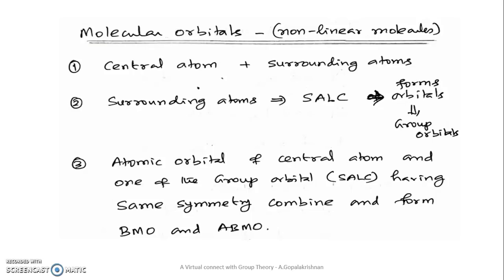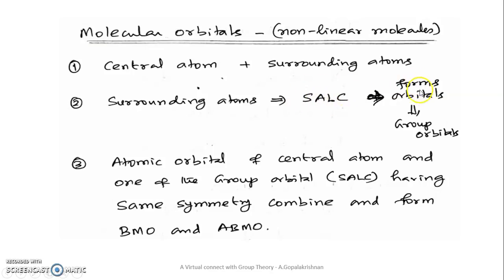Now if you go to a polyatomic molecule, we have a central atom and surrounding atoms. I am using some simple words: central atom, surrounding atoms. These surrounding atoms form symmetry adapted linear combinations of orbitals, SALCs.